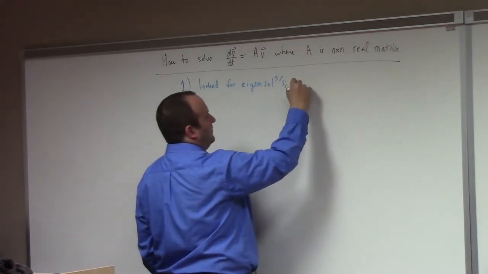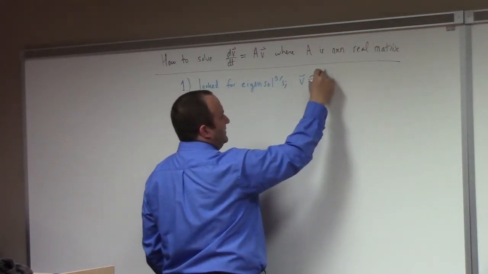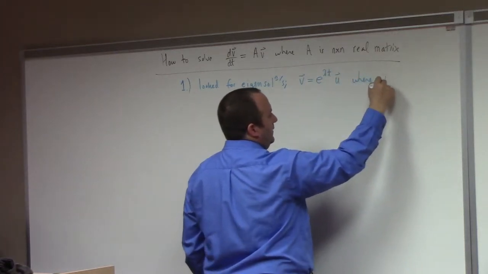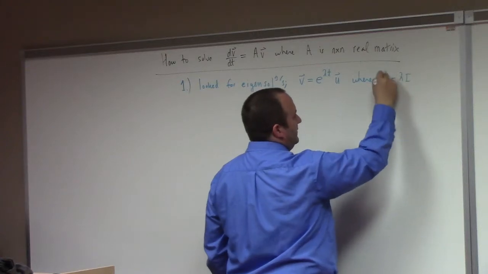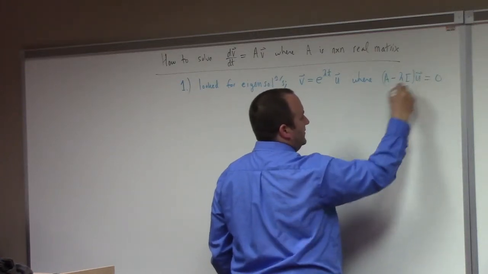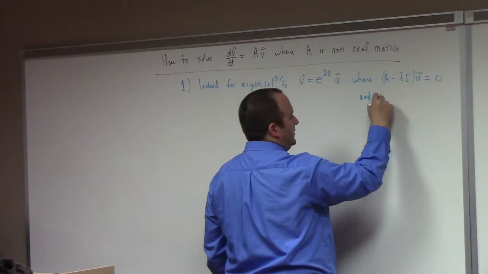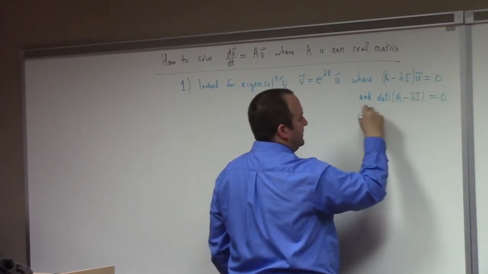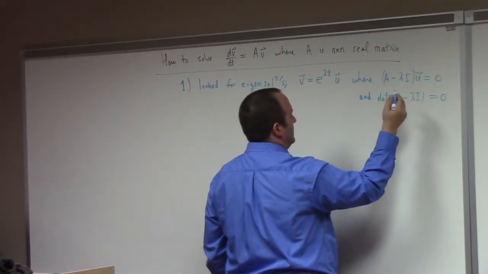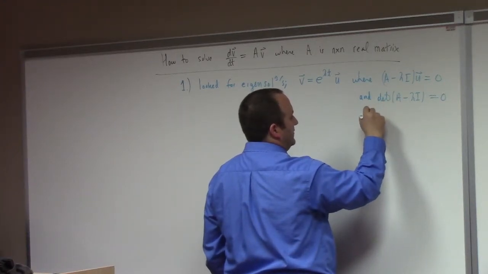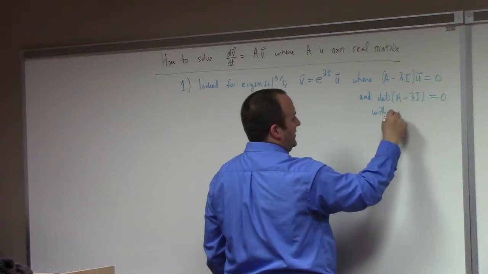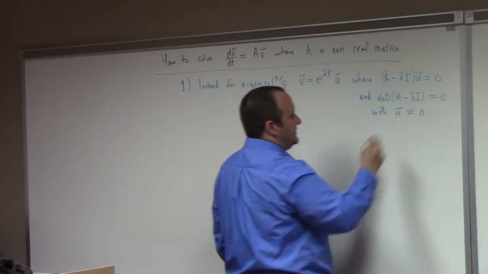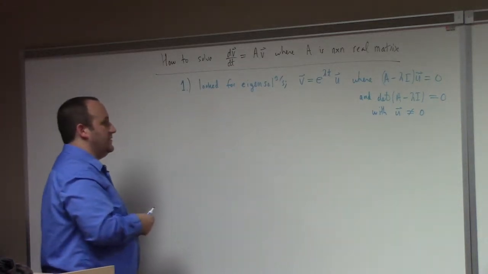Basically things of the form v = e^(λt)u, where (A - λI)u = 0, and the determinant of A - λI is equal to 0. Of course, we had u not equal to 0, right?